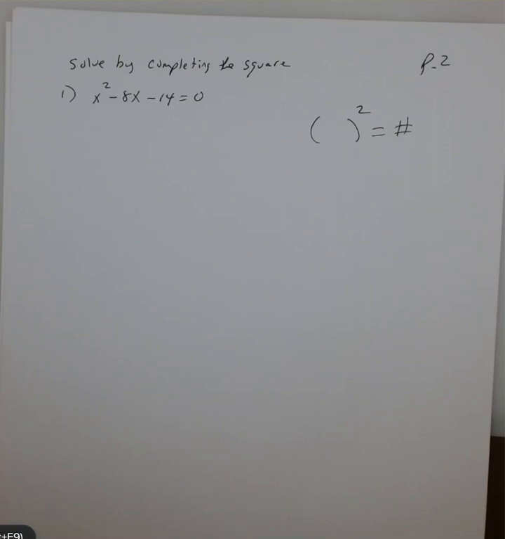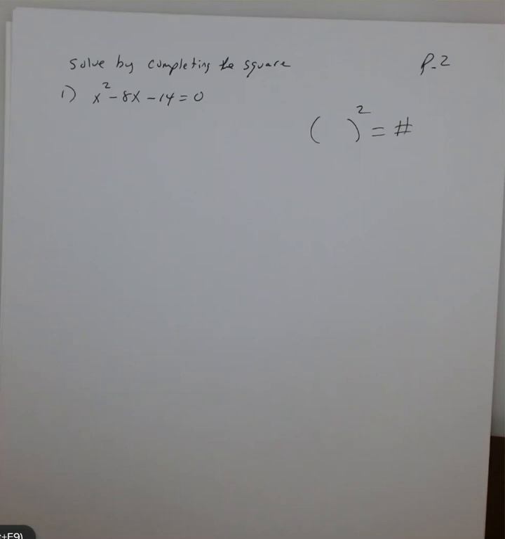So once I get to that point, what's the next step? Get rid of the exponent. How are you going to do that? We just did it. Square root property. You can use the square root property. All right. So that's the idea of completing the square.